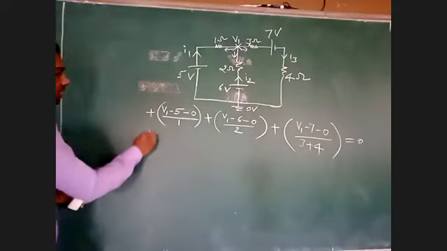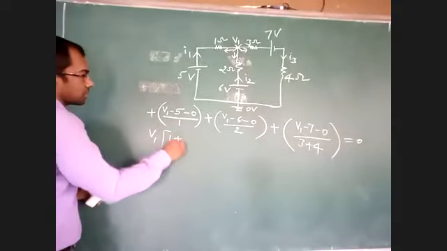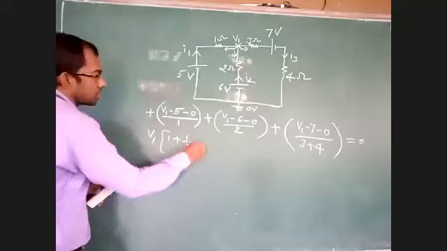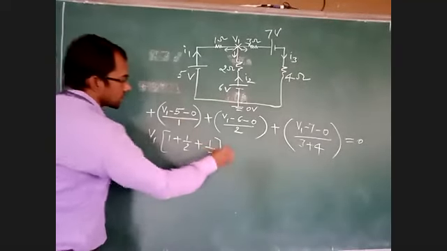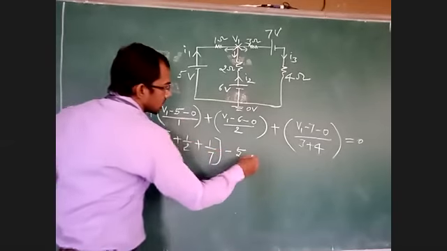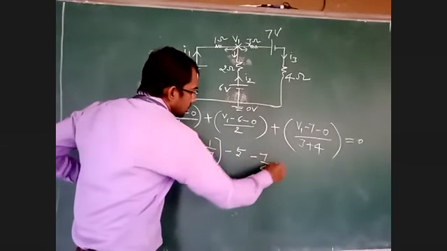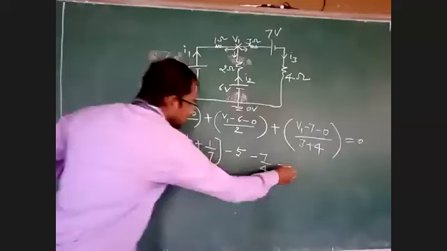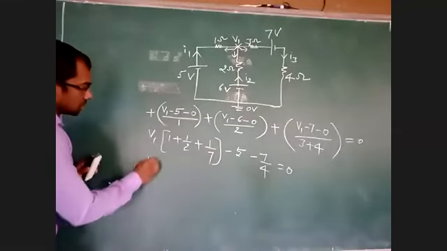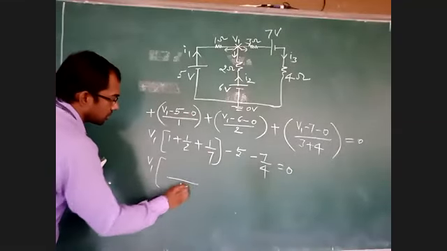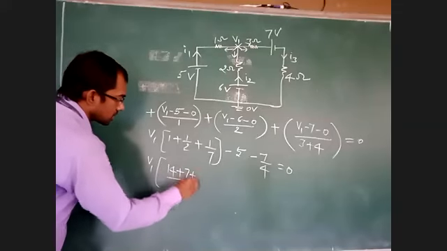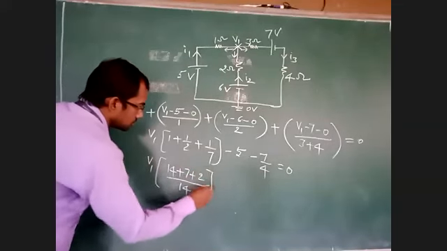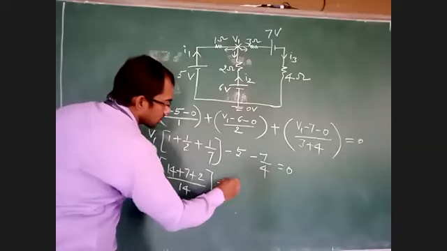Now determine V1. V1 into (1 plus 1 by 2 plus 1 by 7), minus 5, minus 6 by 2, minus 7 by 7 is equal to 0. That is V1 into 14 plus 7 plus 2 over 14, minus 5.